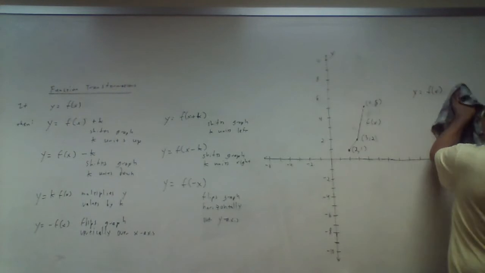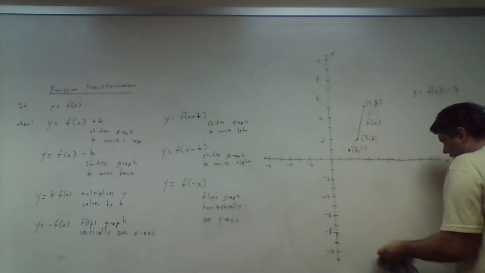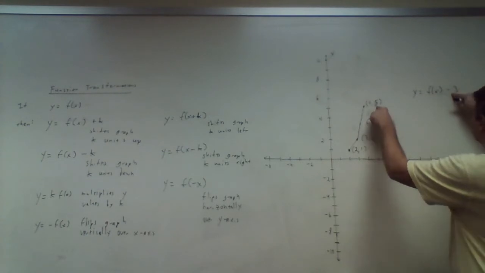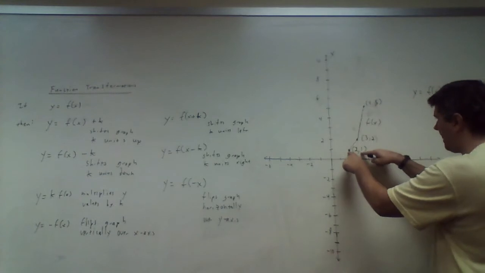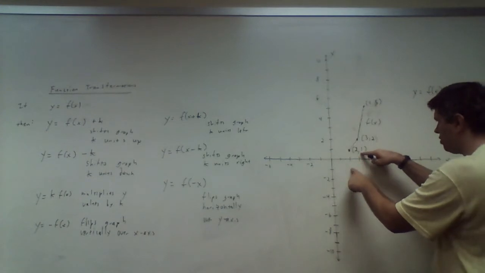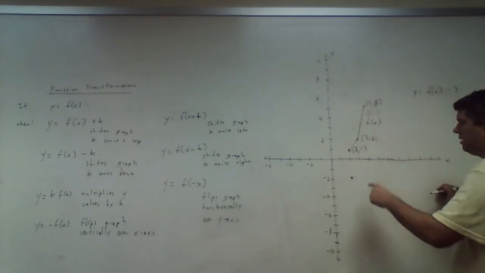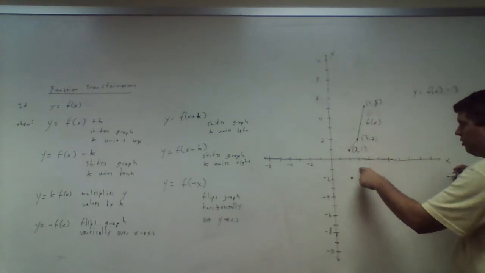If I choose to do y equals f of x minus 3, then I'll be subtracting 3 from every y. So 1 take away 3 is negative 2. This is also going to be going down 3 units.